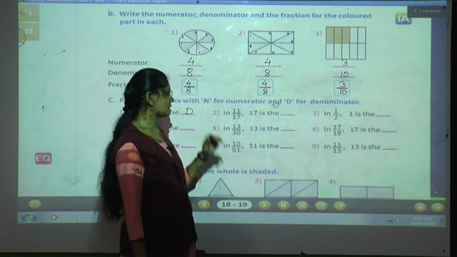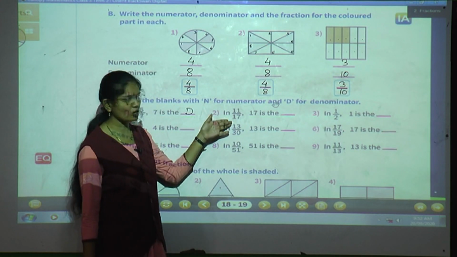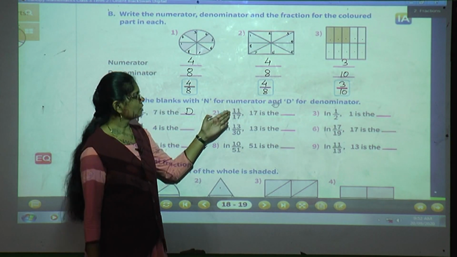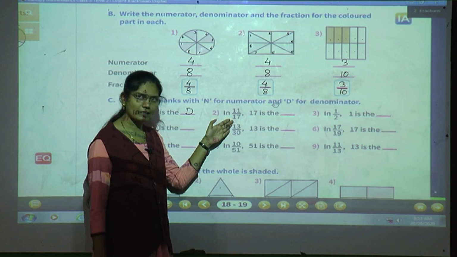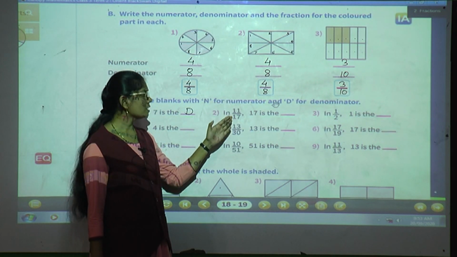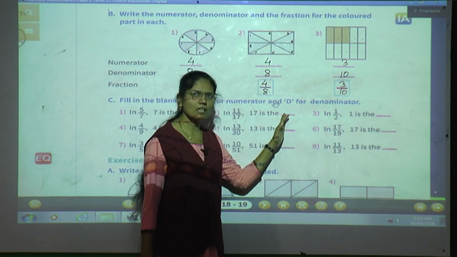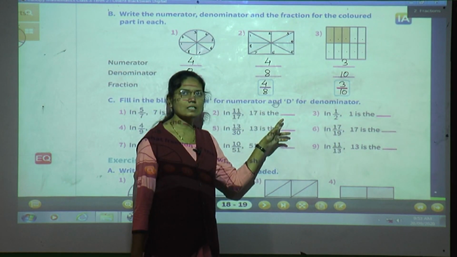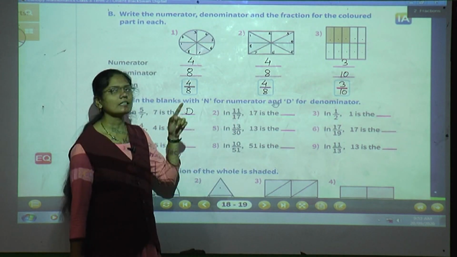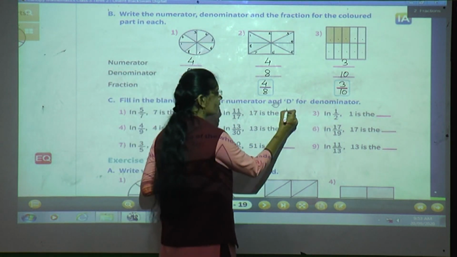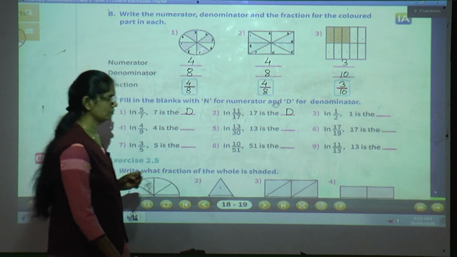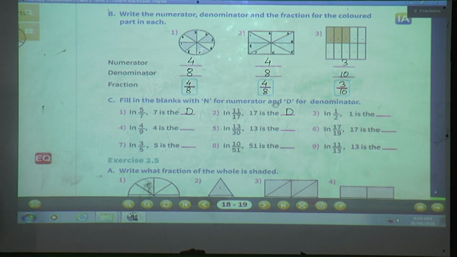Now see the next example. Read this fraction: 11 by 17. In this fraction 17 is, again, the denominator only. So write here D. Next, third one.